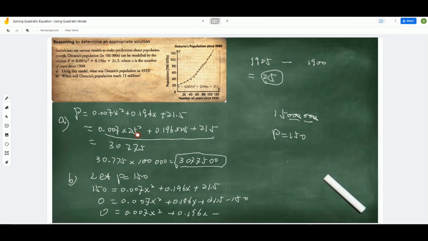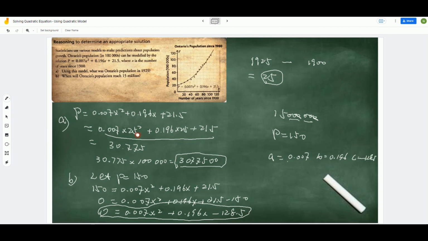Let me erase that. The constant is negative 478.5. For this equation we use the quadratic formula, remember? Let's determine a, b, and c: a equals 0.007, b equals 0.196, and c equals negative 478.5.